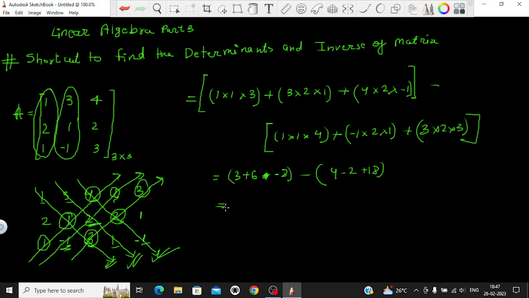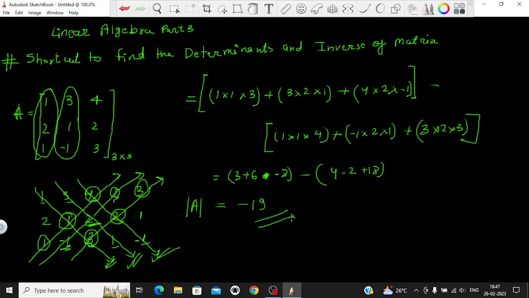After solution you are getting minus 19. So this is the determinant of A. This is the solution to get the determinant. So this is the shortcut to get the determinant value of any matrices.